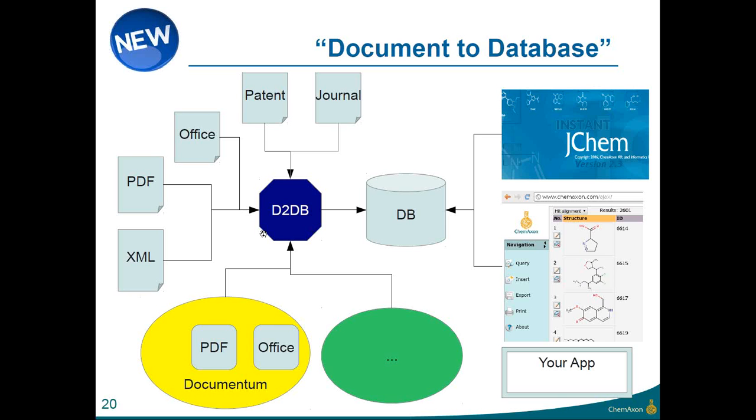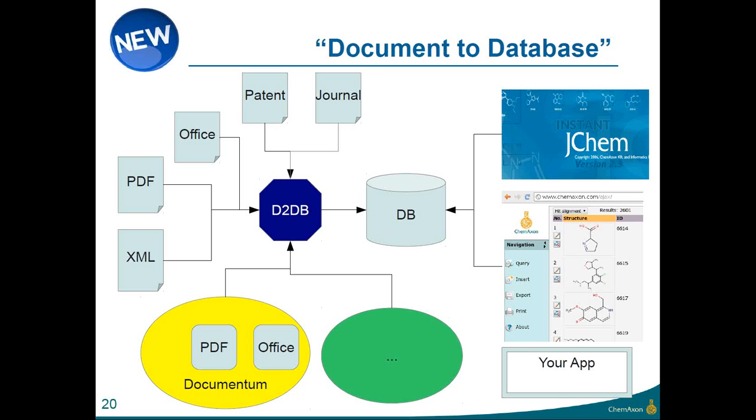So basically the idea is that building on top of Document to Structure, we have this tool called Document to Database, which will read documents, in all the formats that are supported by D2S. It can also access repositories like Documentum or other repositories with further development, and it will process them and find the structures and then create an index in the database. So it can create a database, it can take care of this part of the job.